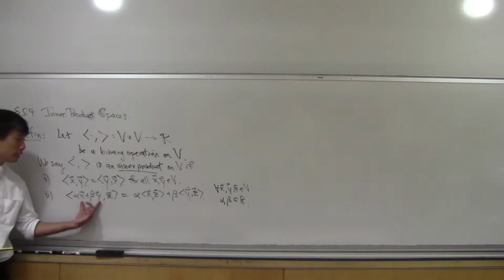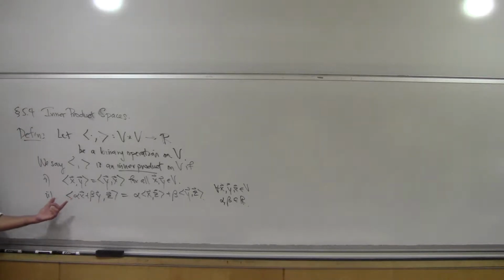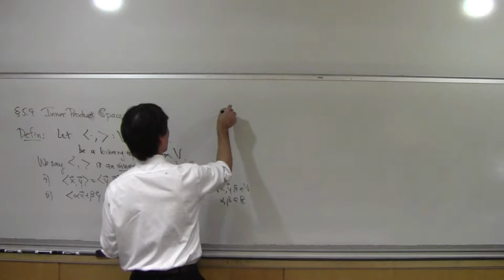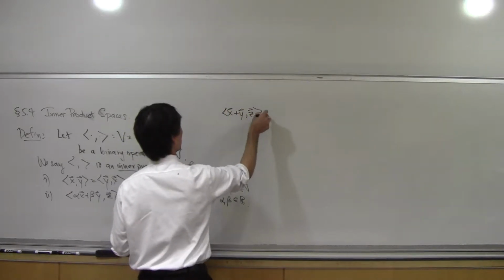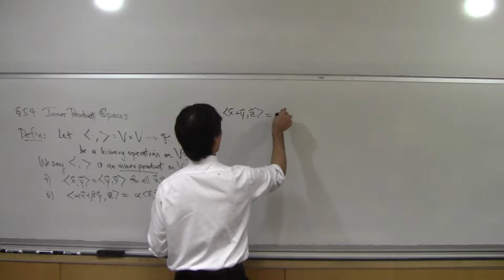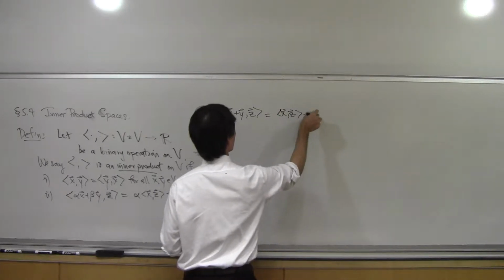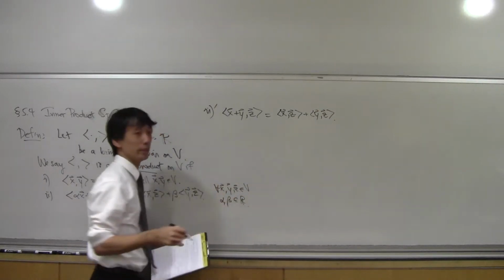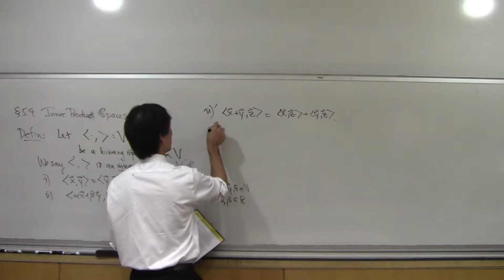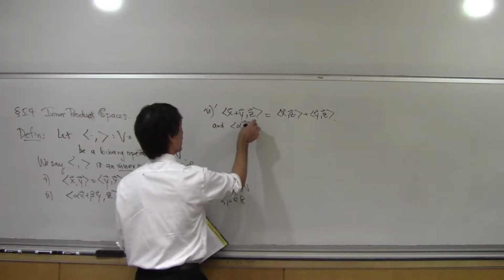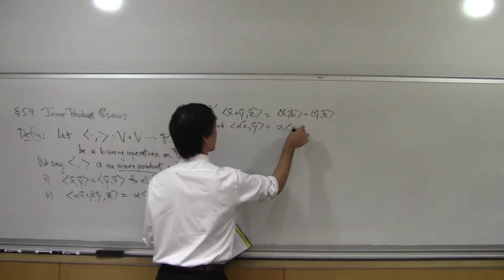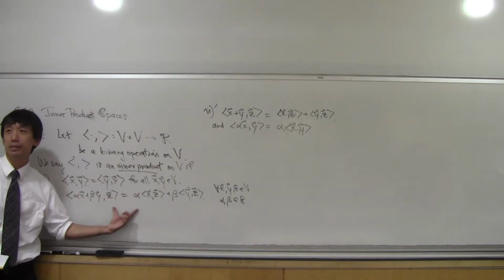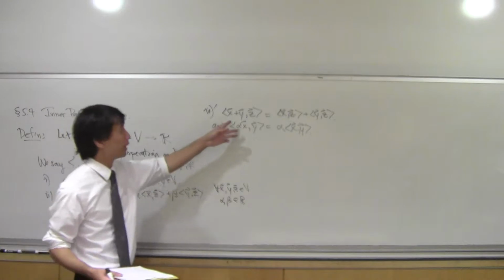You could think of this as having two parts: x plus y against z equals xz plus yz, and alpha x against y equals alpha times x against y. Those two together are the same thing as this. I actually find this easier to understand.